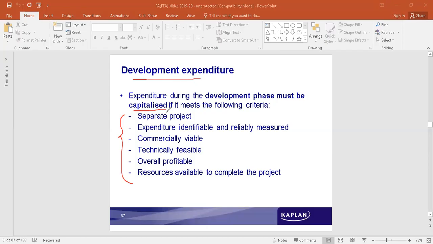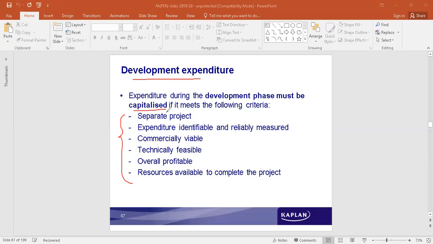It should be identifiable. It should be identified with the project or with the cost object, so it would be related to that particular cost object. The expenditure is identifiable and reliably measured, specifically incurred for a purpose that should be known.